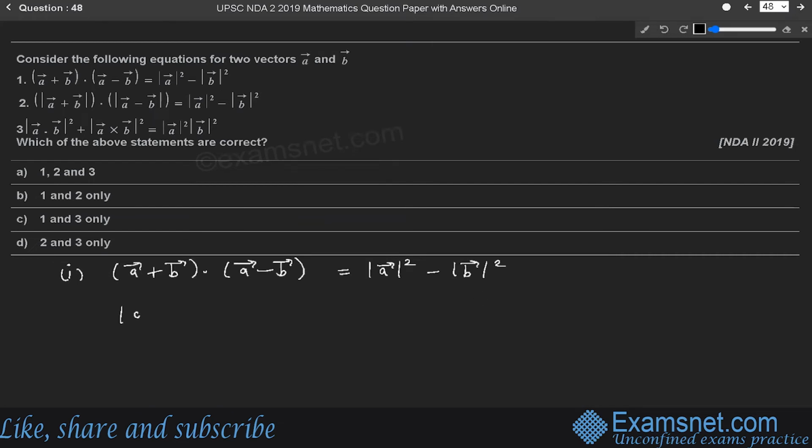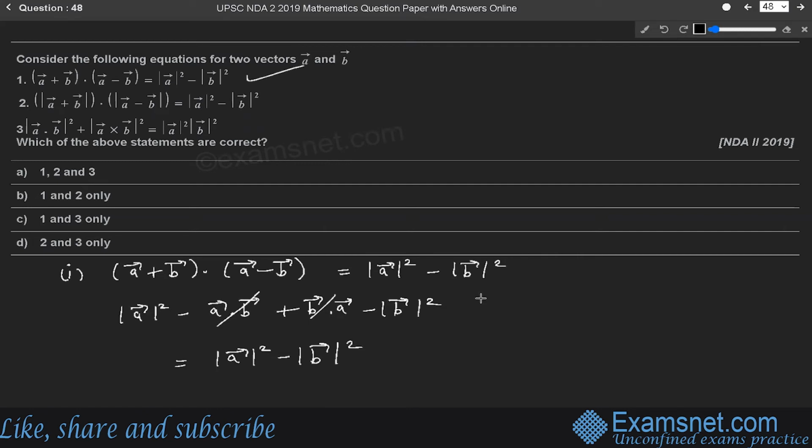So it can be written as modulus of A vector whole square minus A vector dot B vector plus B vector dot A vector minus modulus of B vector whole square. Both these quantities will be cancelled. So this will be equal to modulus of A vector whole square minus modulus of B vector whole square. Therefore, we can say that both the sides are equal. So first statement is correct.